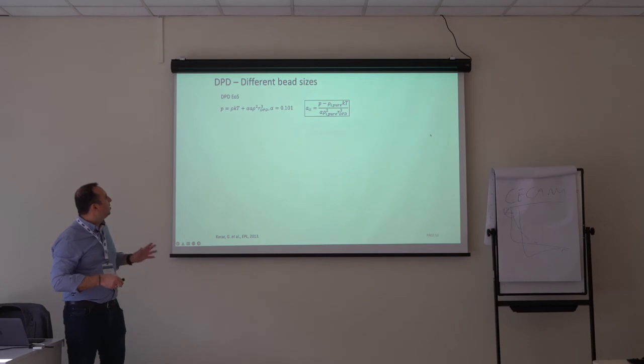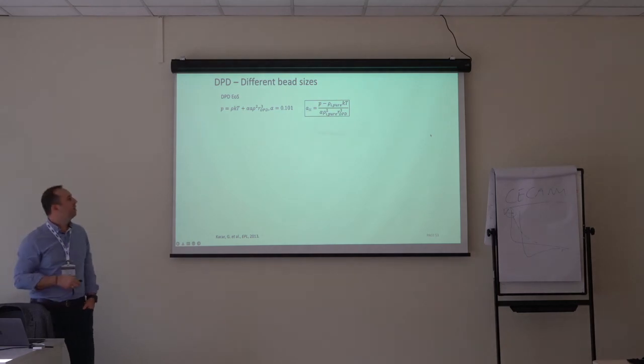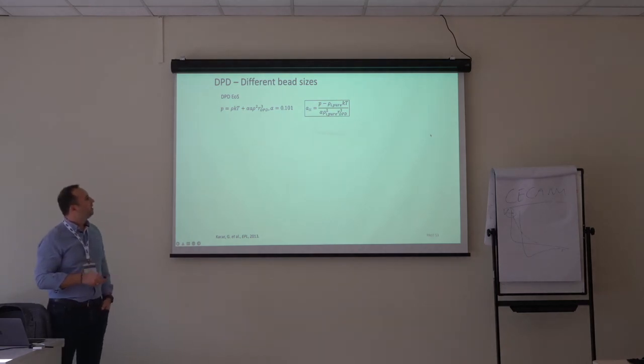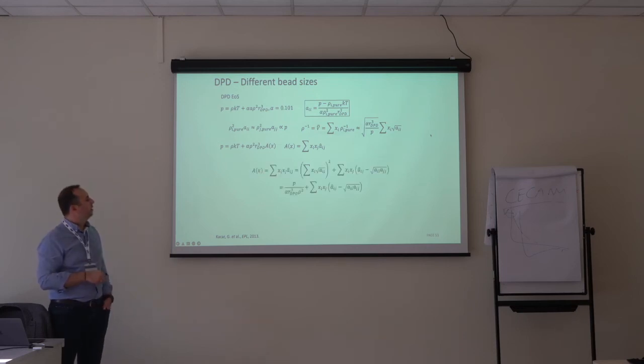So how did we do that? We started from the DPD equation of state. By assuming a mechanical equilibrium between different particles, we have the A_ii, and with the A_ii you can generate from the same equation of state for the components, and from the excess pressure you can come up with the relation that the excess pressure is mainly governed by this term.